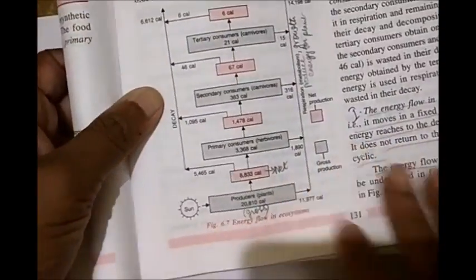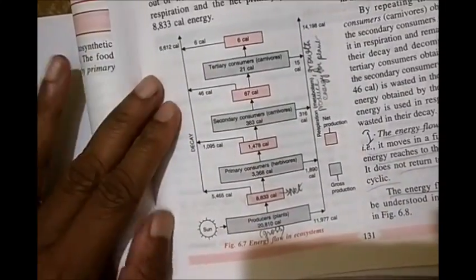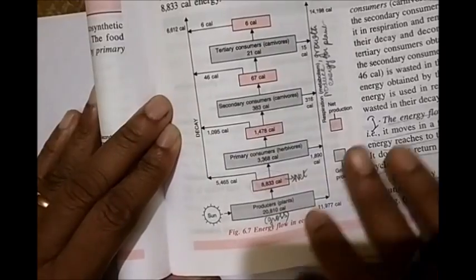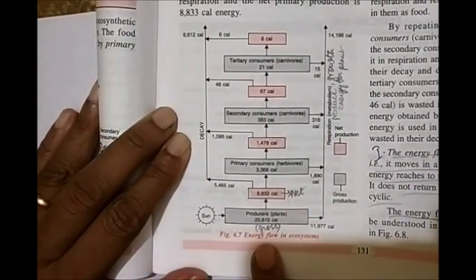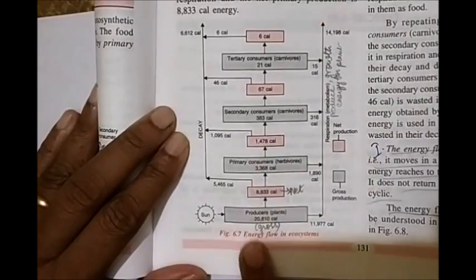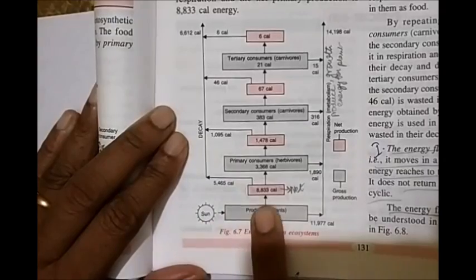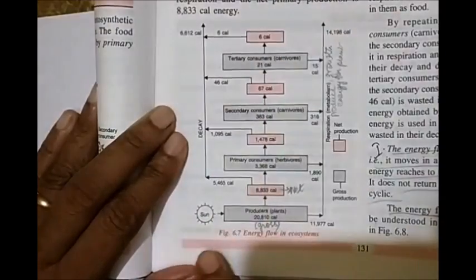It has lots of numbers. Don't get frightened because of that. I'll just explain it clearly to you. So this is energy flow in an ecosystem. It starts from here, the arrow mark is like this: from sun, producers, then primary consumer, secondary consumer, tertiary consumer, and then it goes up.